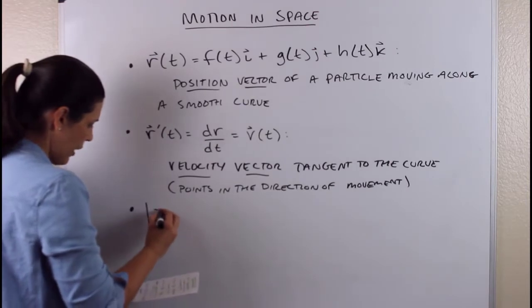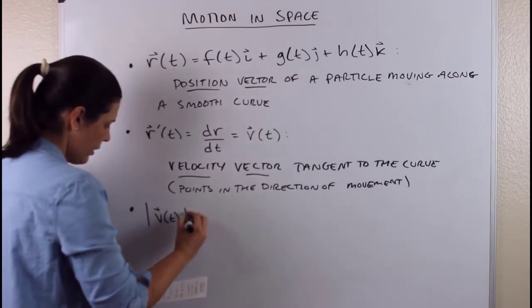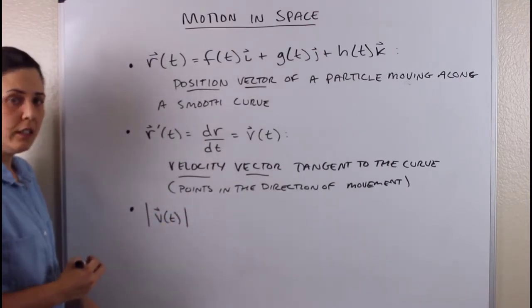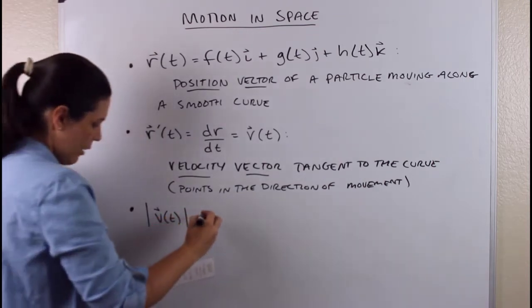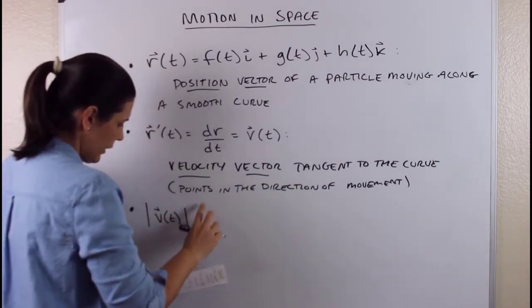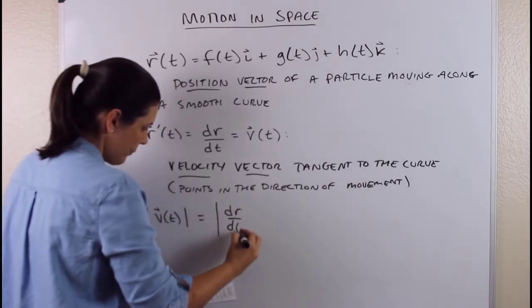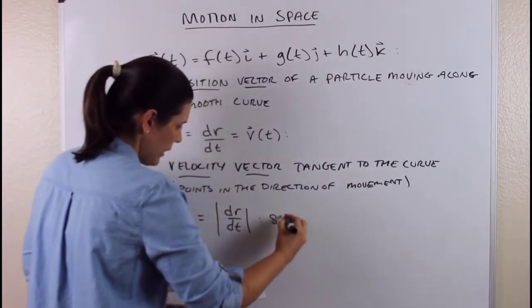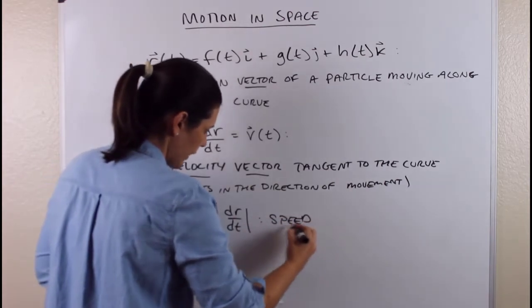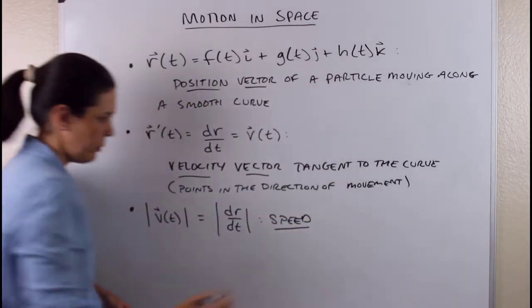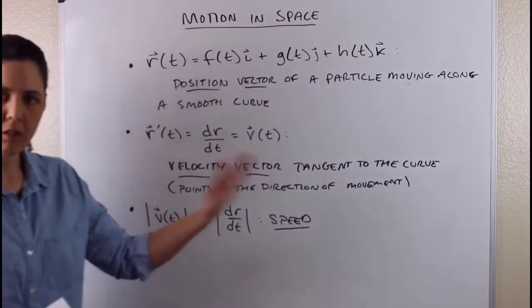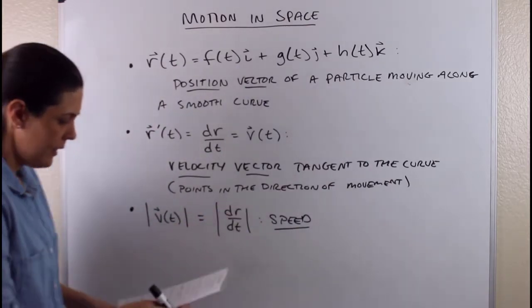So the absolute value, or the magnitude of this vector v, the derivative of r, that one is speed. Okay, so let me write it like this first: magnitude of dr dt, and that is just the speed that the particle is traveling at.